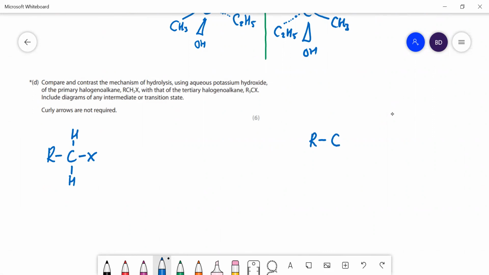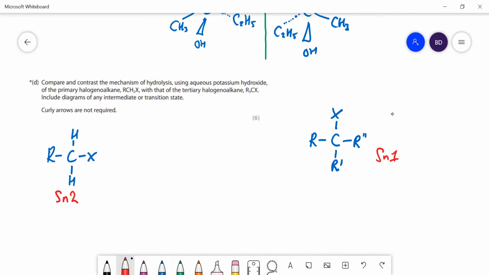R, so it's got X there. Let's call that R1 and R. Okay, they don't have to be the same. Right, now, what is the difference in mechanism? You probably remember they're both nucleophilic substitution, but this one occurs through an SN2 reaction. And this one occurs through an SN1 reaction.